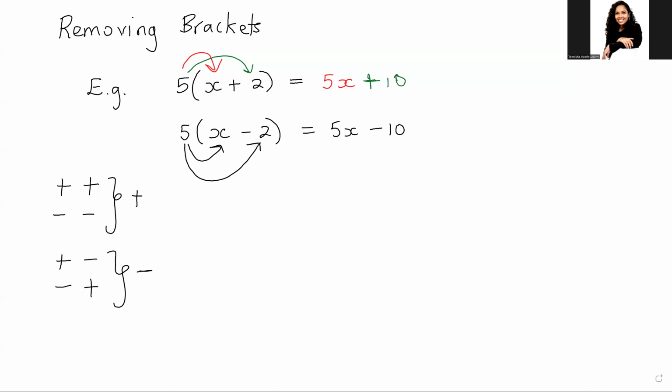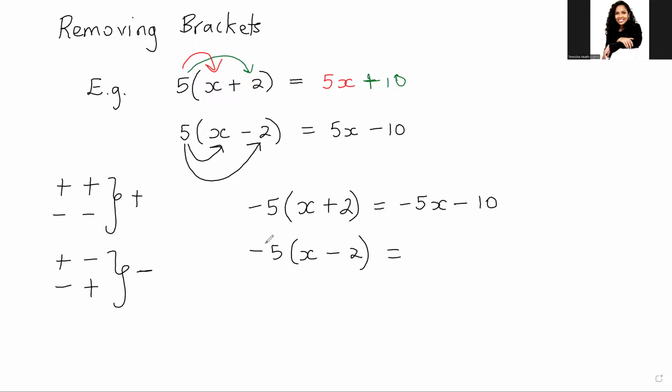So again, if I had negative 5 on the outside by x plus 2, well, that would give me negative 5 times x, which is negative 5x, and then negative 5 times positive 2, which is negative 10, right? And let's say I had negative 5 by x minus 2.